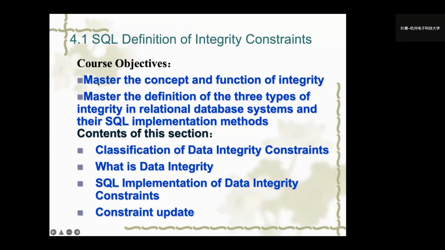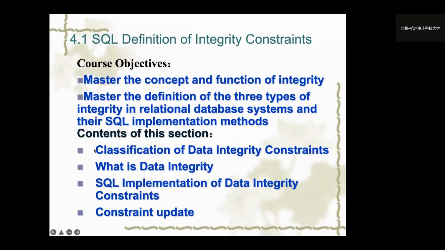The core objective of this class is to master the concept and the function of integrity, and master the definition of the three types of integrity in our relational database systems and their SQL implementation methods.